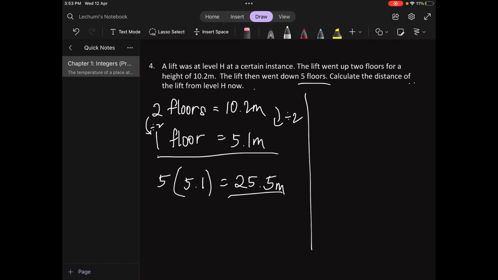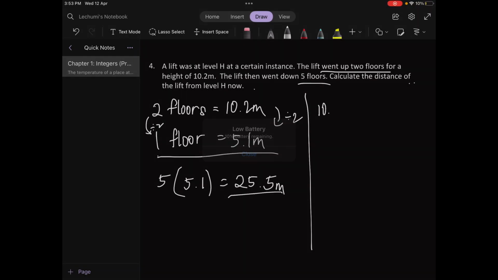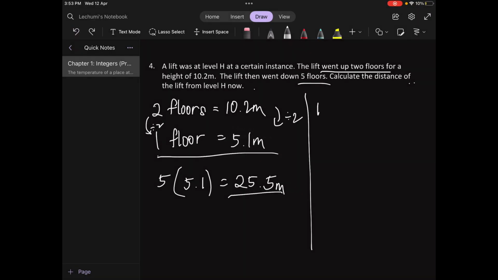So now we have to calculate the distance of the lift from level H now. So level H, as I said, is similar to sea level from the concept earlier. Anything that goes up is positive and anything that comes down is negative. So here we can just write down went up 2 floors as positive, which is plus 10.2 or just 10.2, it is the same thing. So I write 10.2 meters.